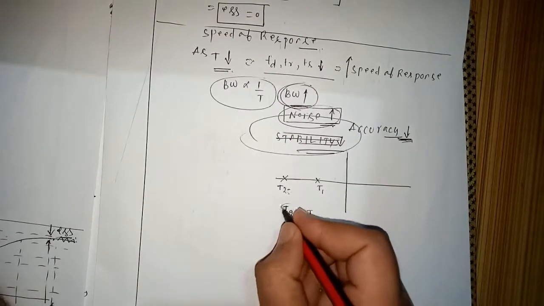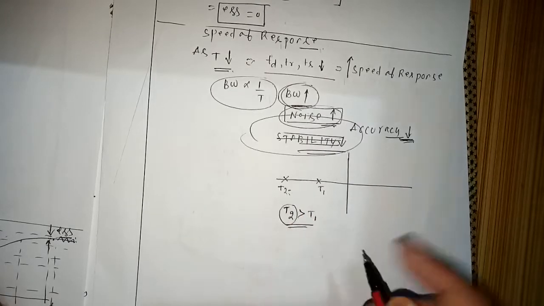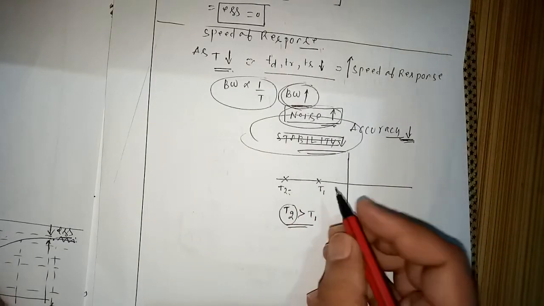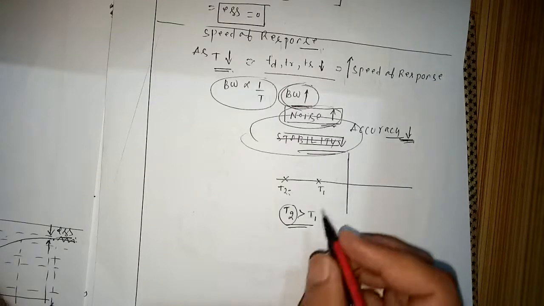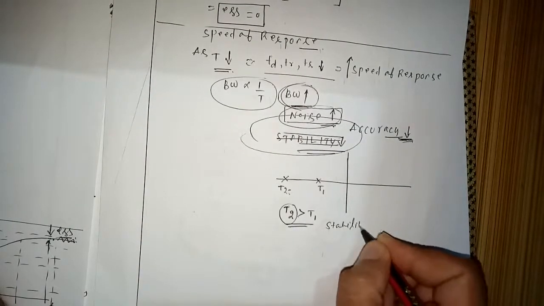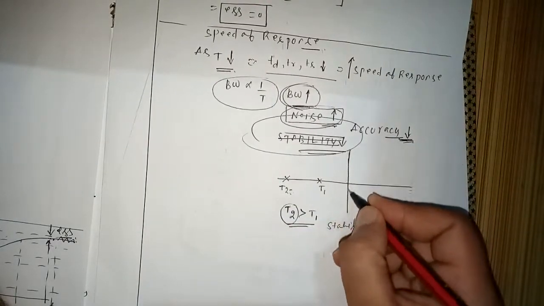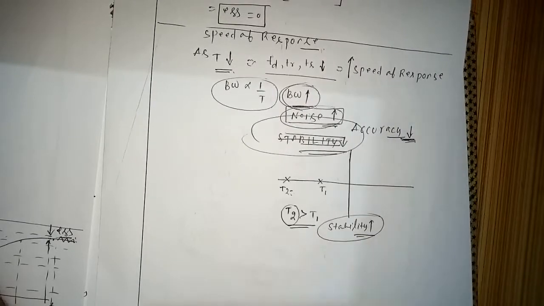Now T2 is greater than T1 means the time constant associated with T2 is less. So if the time constant is less, then stability is increasing, because we know that as poles move away from the imaginary axis, stability will increase.